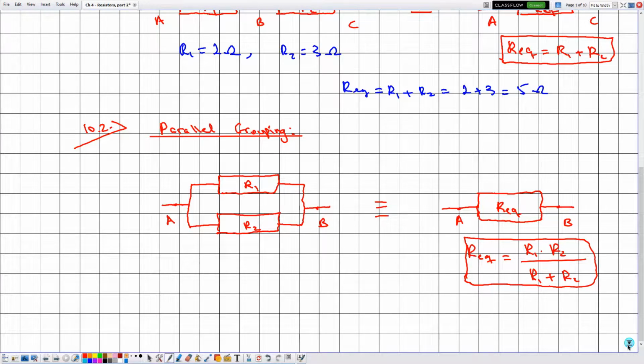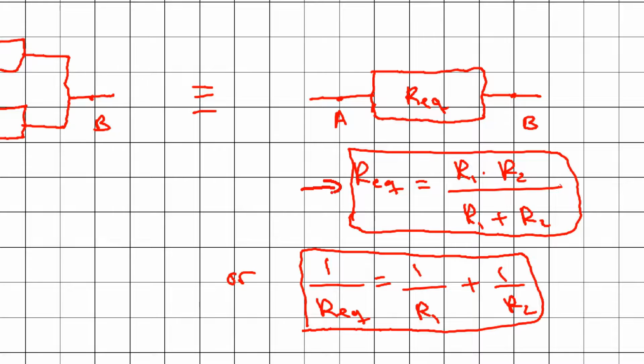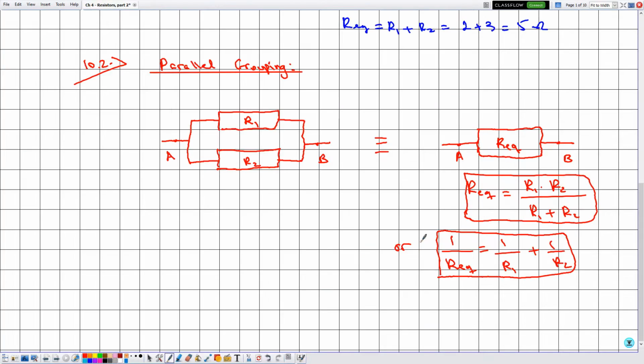But the one that we will use more often is that 1 over R equivalent is equal to 1 over R1 plus 1 over R2. Okay, so we can either use this or this.